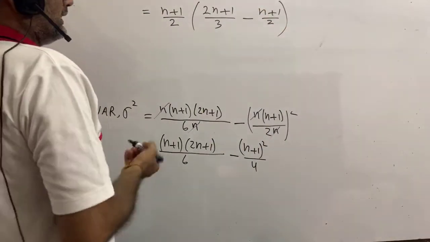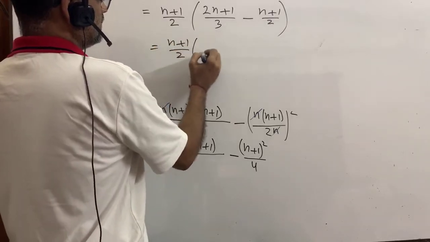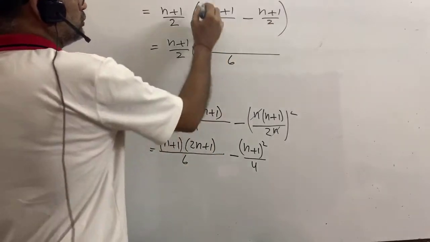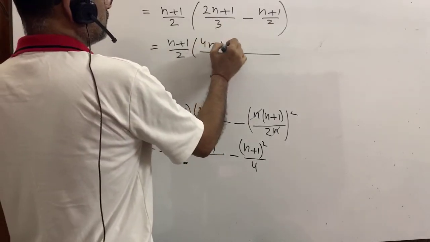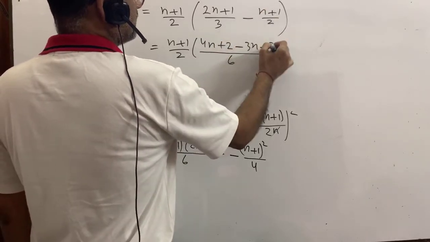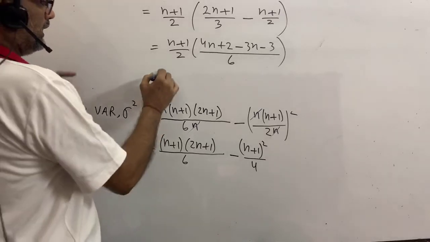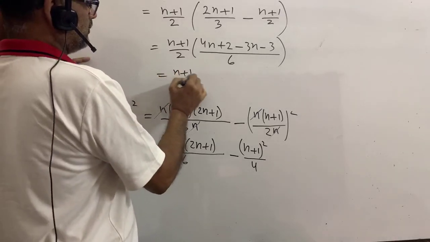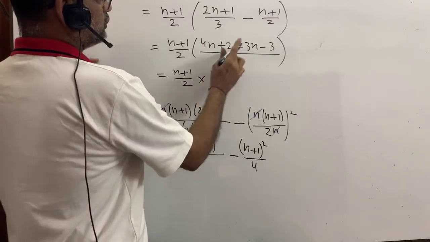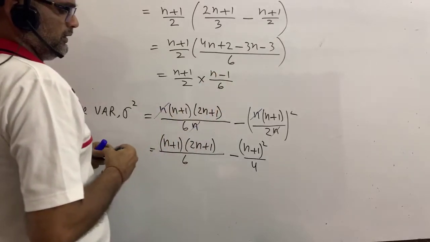Now get the LCM of 3 and 2, which is 6: 2 into 2n plus 1, that is 4n plus 2, minus 3n minus 3. Just I have calculated. Now we are left with n plus 1 by 2 into 4n minus 3n, plus 2 minus 3 minus 1, by 6.